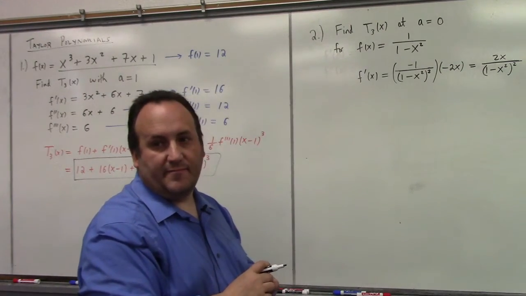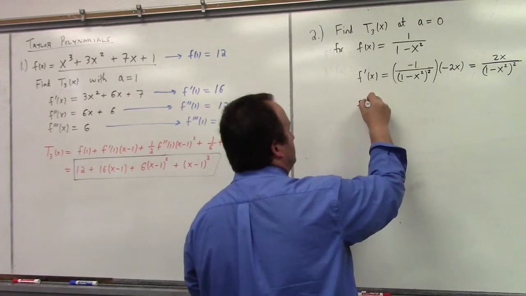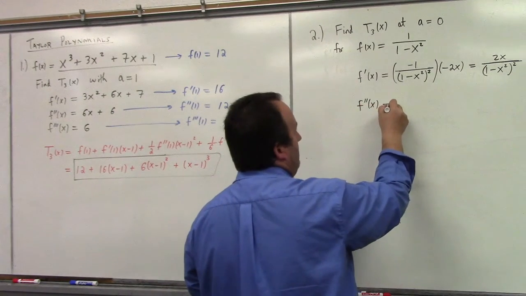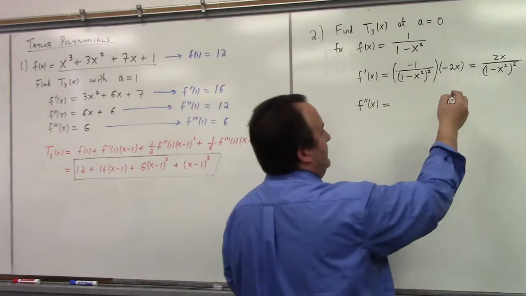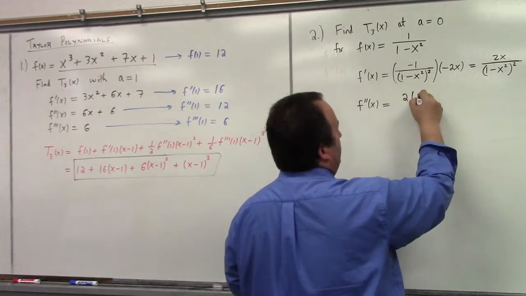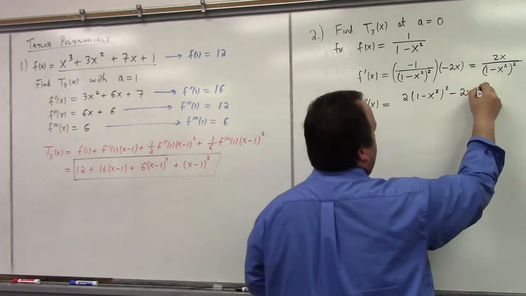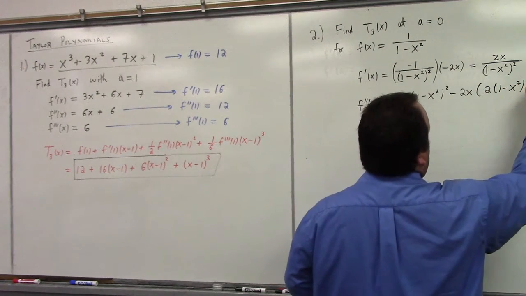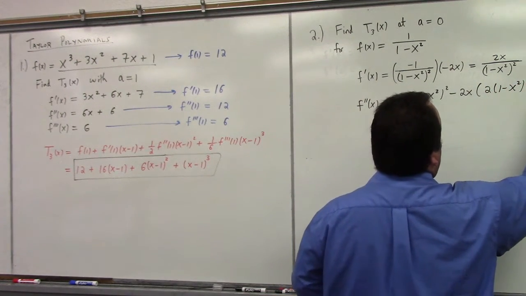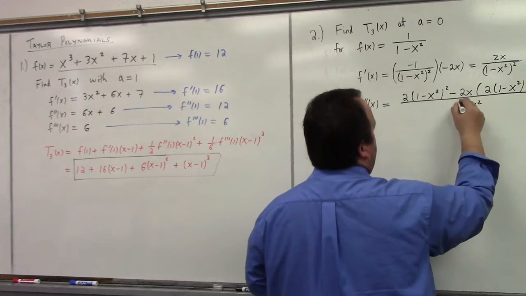What's f prime prime? So I have to differentiate that, right? So I get 2 times 1 minus x squared squared minus 2x times, well, 2 times 1 minus x squared times minus 2x by the chain rule, divided by 1 minus x squared squared.